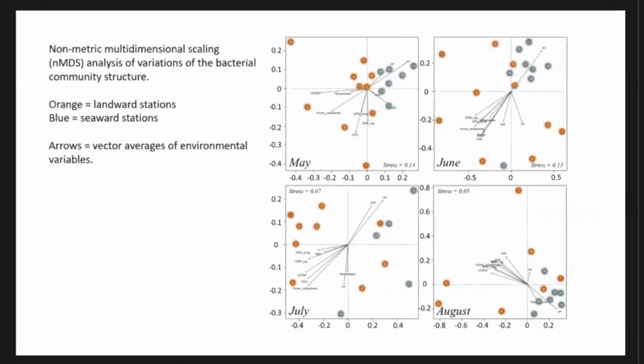And also, if we put in environmental factors, you can see that in all months, the landward or coastal stations have a connection to DOC, high DOC concentrations coming from the river, humic substances, and colored dissolved organic matter. And this kind of pattern you can see in all months.